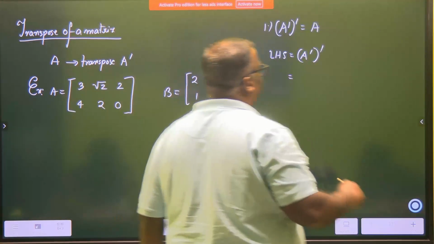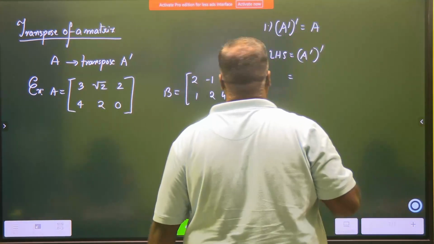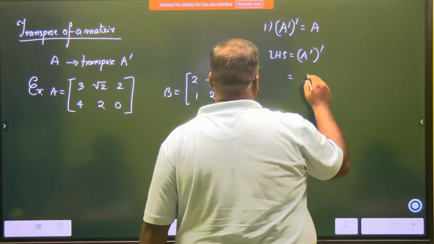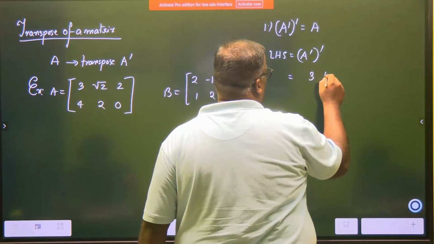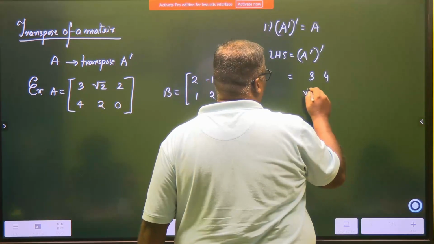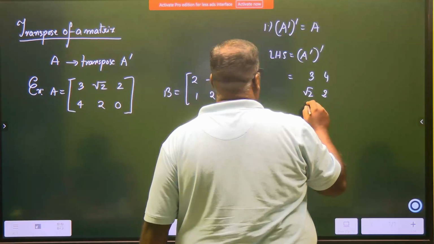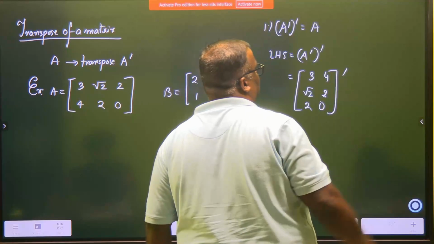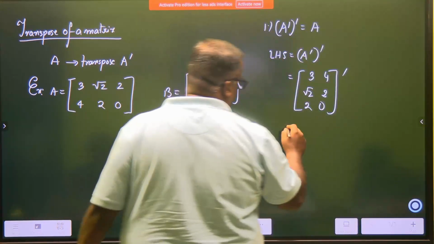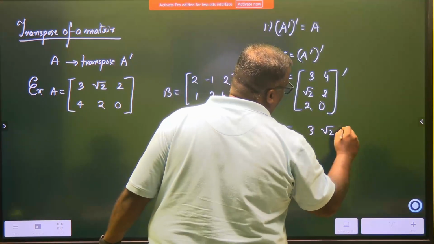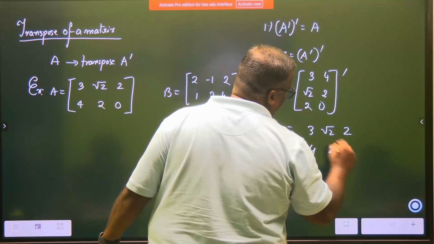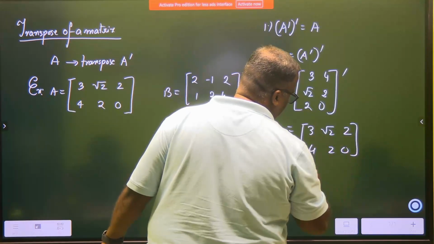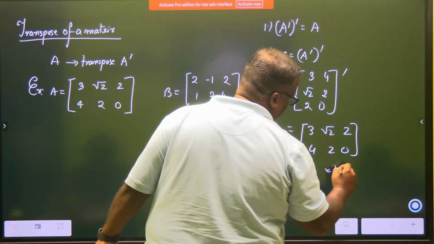That means we should do transpose of A, which is 3, 4 and then root 2, 2 and then 2, 0, right? And we have to find the transpose of this again. So the transpose of this will be 3, root 2, 2, 4, 2, 0, which means you have come back to A and you have verified it.